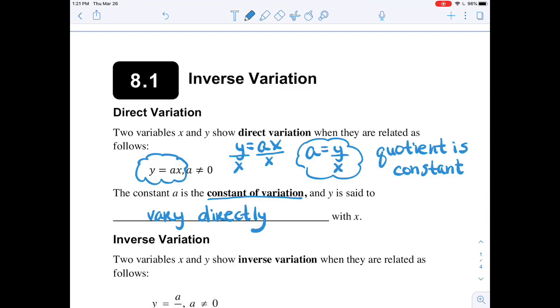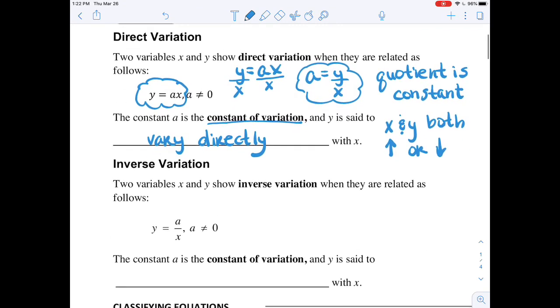Notice here that if we plugged in any number for x, a is a constant value, so our y is directly related through a. As we increase our x value, our y value also increases. If we decrease our x value, our y value also decreases. So x and y both either increase or decrease together.